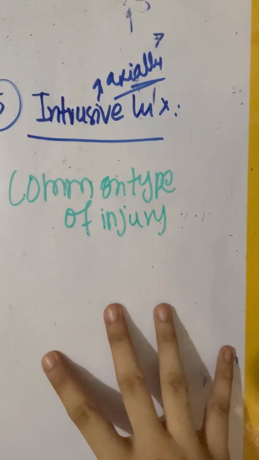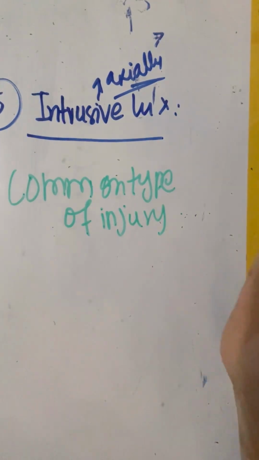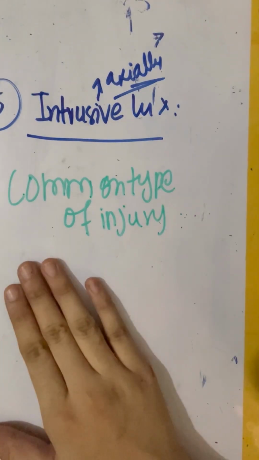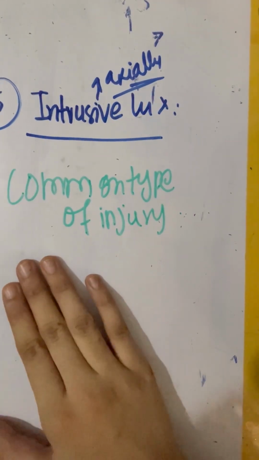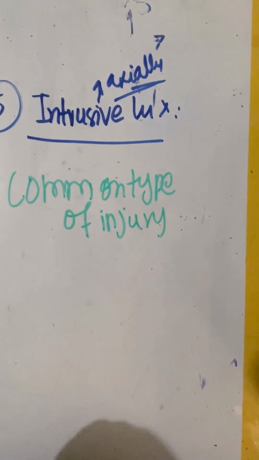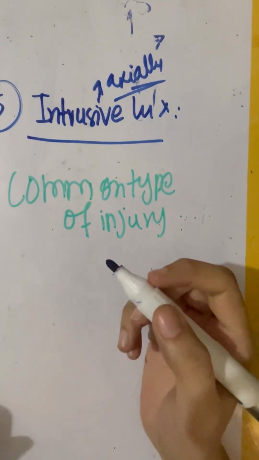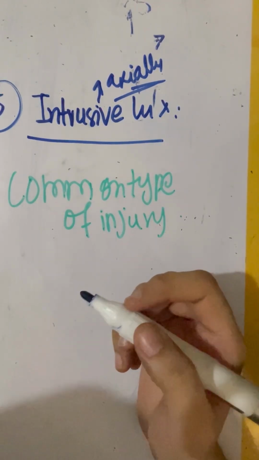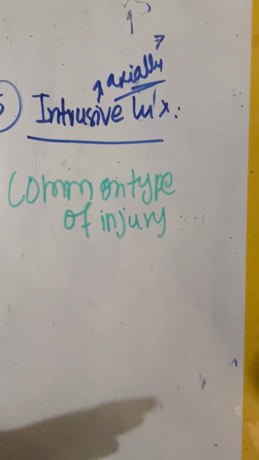This intrusive luxation, which means that the tooth is going axially into the socket, is the most common type of injury, and its management will be decided like in lateral luxation, on the basis of where the root is going.